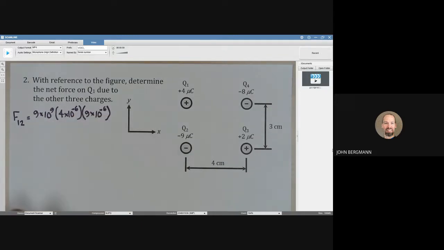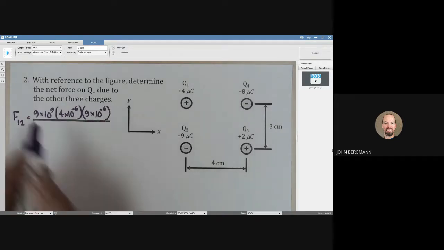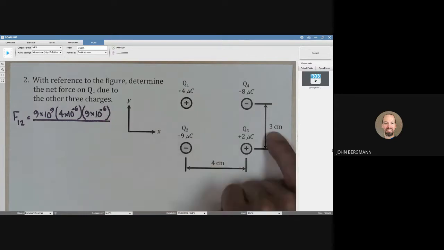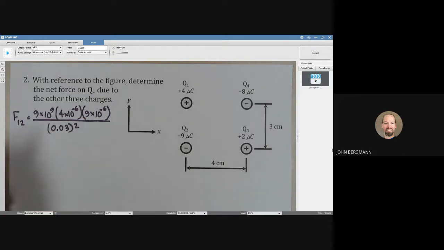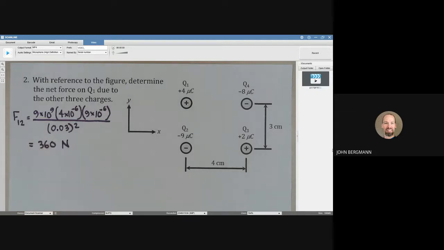I'm leaving the sign off of these charges when I do this Coulomb's law equation, and we will just think what the direction of the force is at the end. Then we need to divide by the distance between these two. You can see over here on the right that that vertical distance is 3 centimeters or 0.03 meters. And if you crunch that out using your exponent key on your calculator, you get this value, 360 newtons.